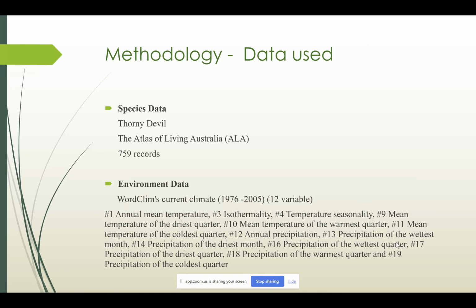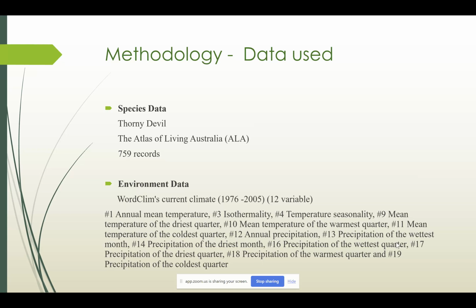For this study, we used the data for Sonidero, collected from the Atlas of Living Australia. After data cleaning, there are 759 records. For the environment data, we use the WorldClim current climate, from 1976 to 2005.